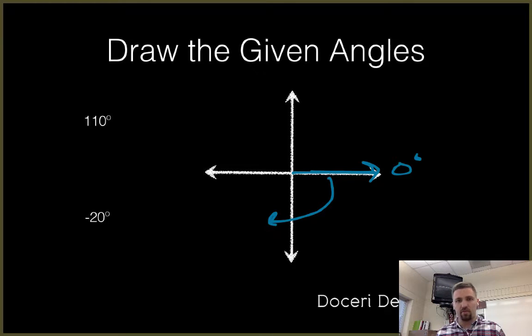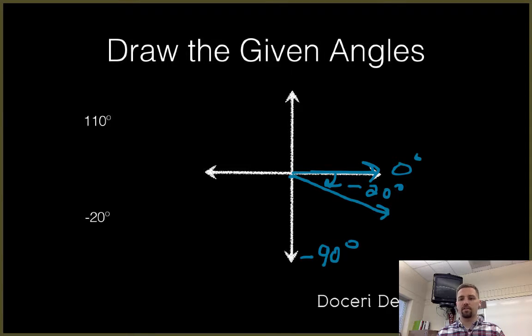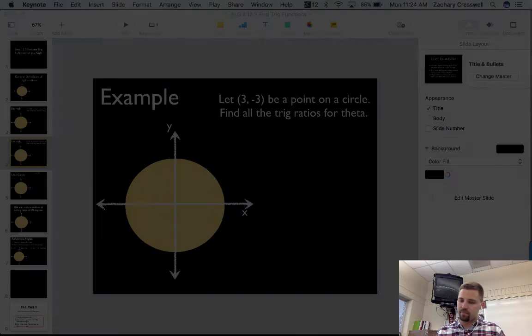So negative angles start off going down, positive angles start off going up. So if we want negative 20 degrees, that's not very far. Remember, negative 90 would be down here. So negative 20 would be not very far, maybe something like that. Okay, so negative 20 degrees would be right there. That's a degree symbol. So that's how you draw positive and negative angles.